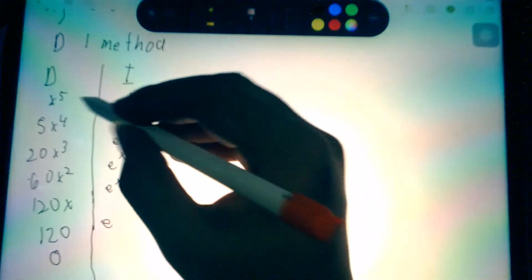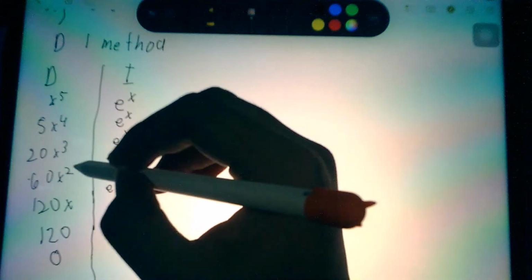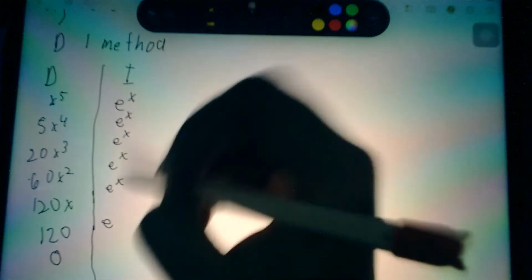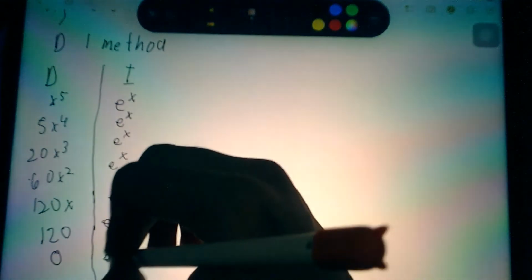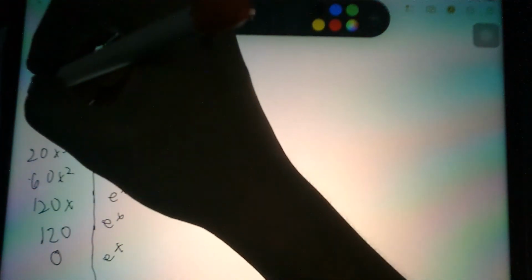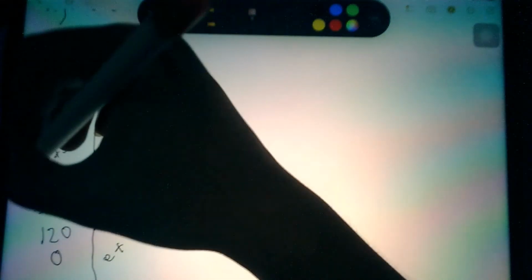Now we plot our signs here. This just becomes positive, negative, positive, negative, positive, negative, and positive. Never mind the 0.